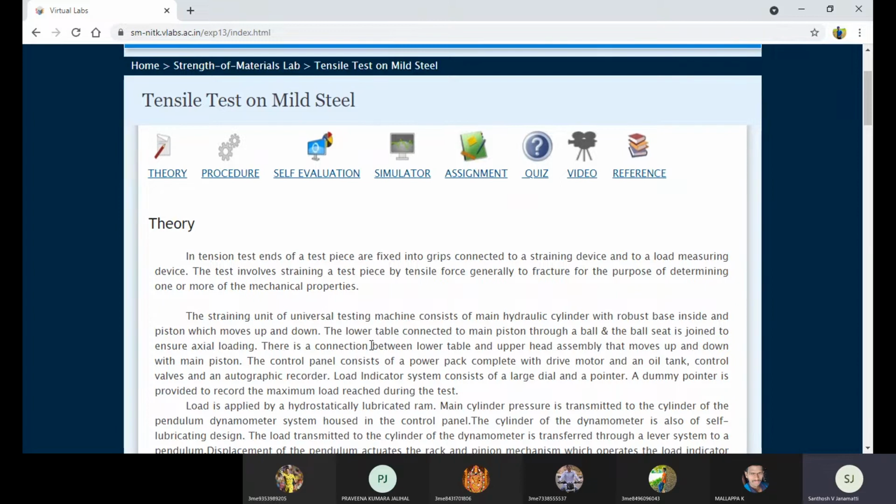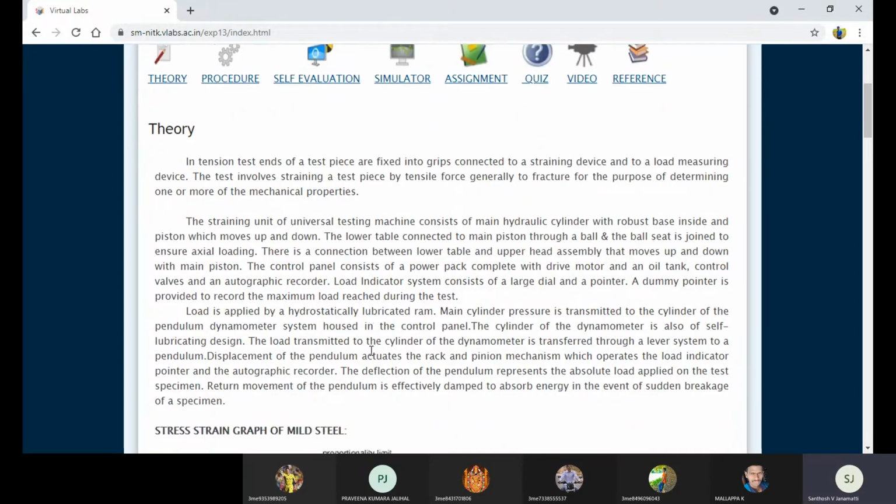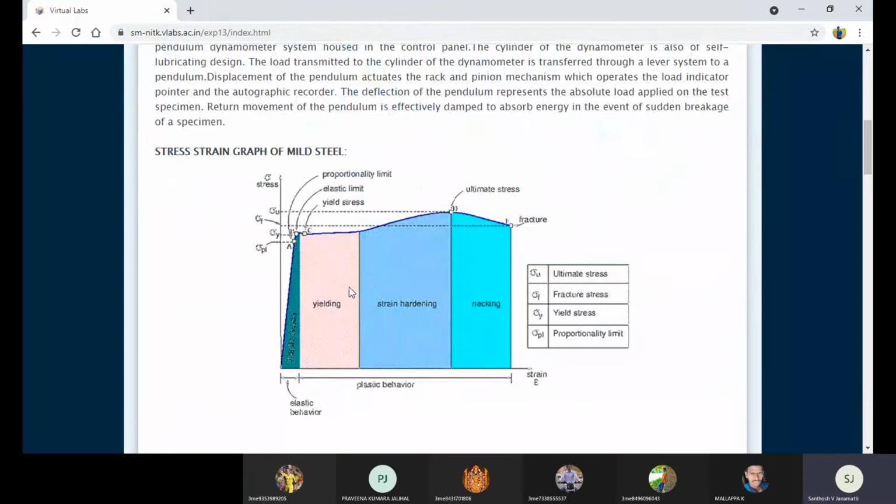The theory part is already over. We have been through much theory regarding the tensile test, and we discussed the stress-strain graph, what exactly the tensile strength is, and what kind of deformations we get when we subject ductile materials to tensile operations.